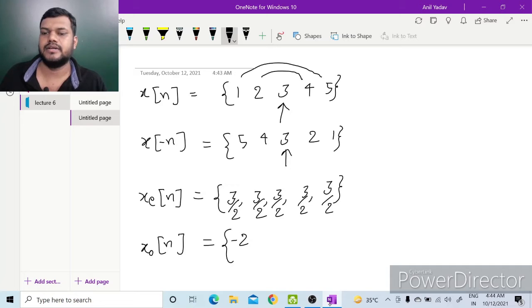Then 2 minus 4 by 2, minus 1, 0. 4 minus 2, 2 by 2, 1. 5 minus 1, 4 by 2, 2. So now we can see, we can get x[n] as xe[n] plus xo[n], we will get our x of n simply.